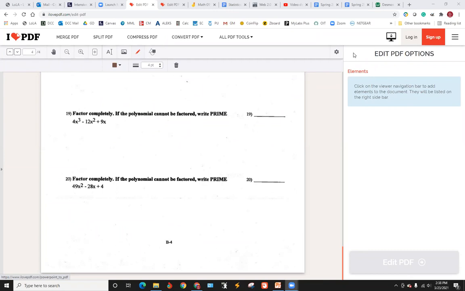Well, look at the ends. Look at the first term and the last term. Those are what we call perfect squares. In other words, 4 is 2 squared. And also, this right here is 7x squared.